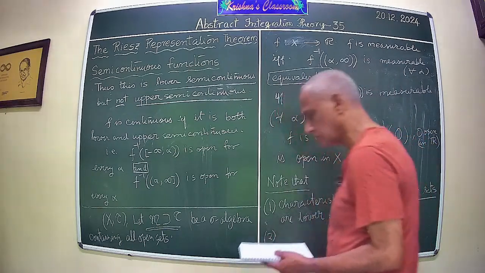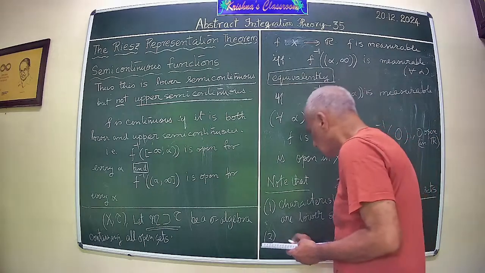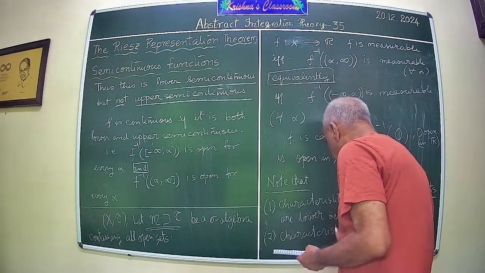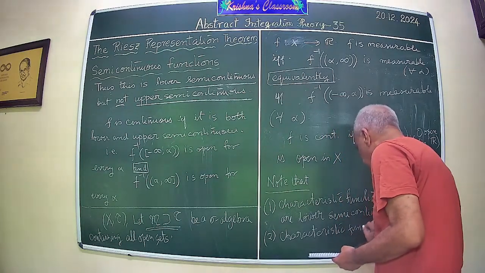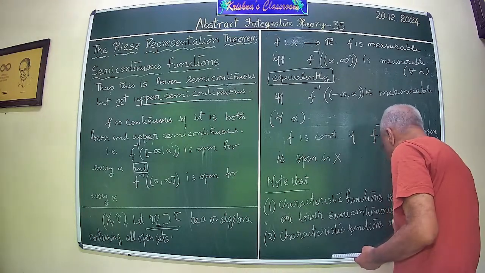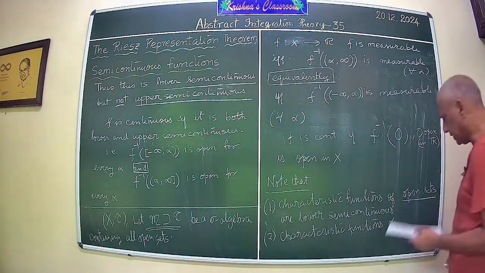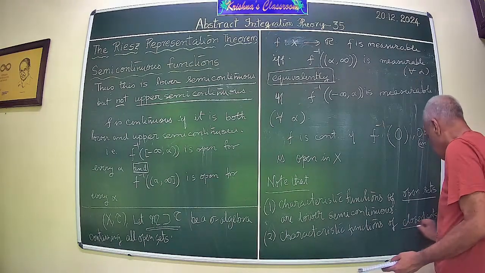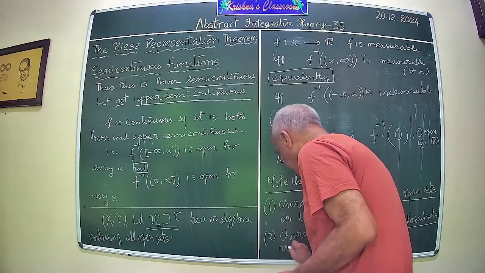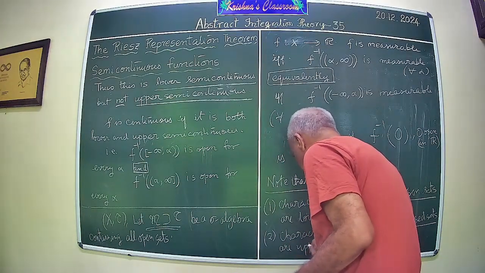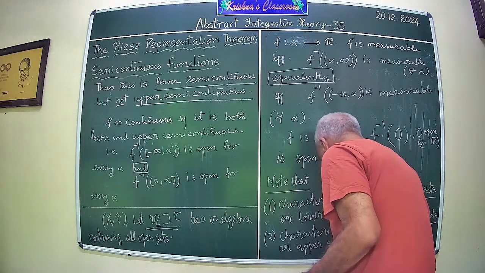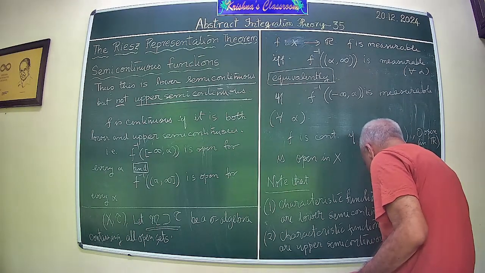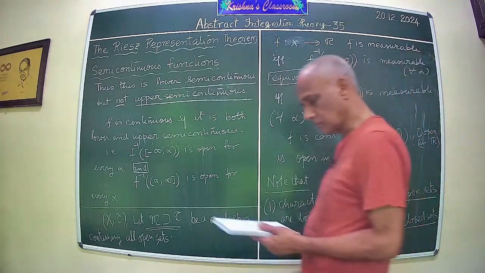Two: characteristic functions of closed sets are upper semi-continuous.